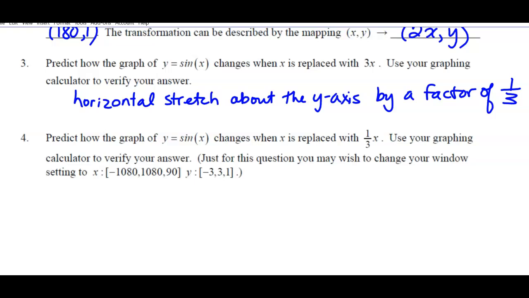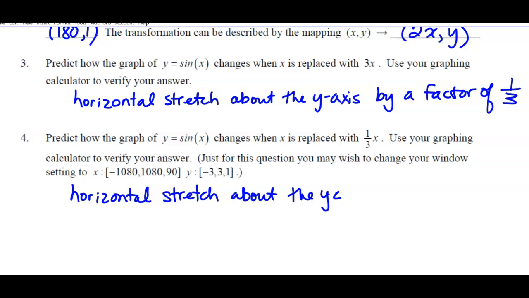Okay, so then replacing x with 1/3 x. If you want to check, you might want to change your window. Okay, so this is a horizontal stretch about the y-axis by a factor of 3.